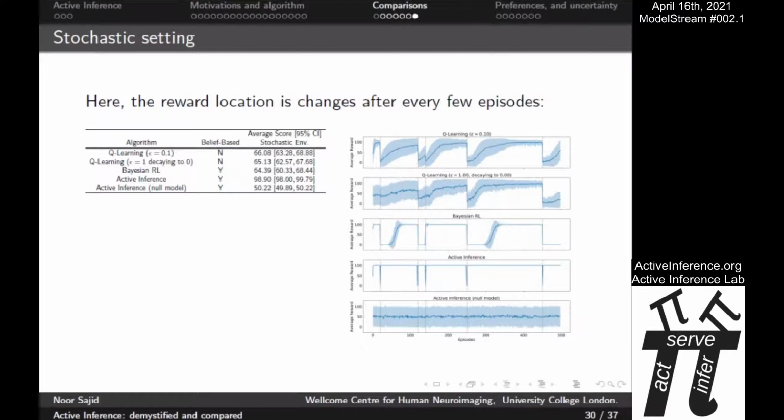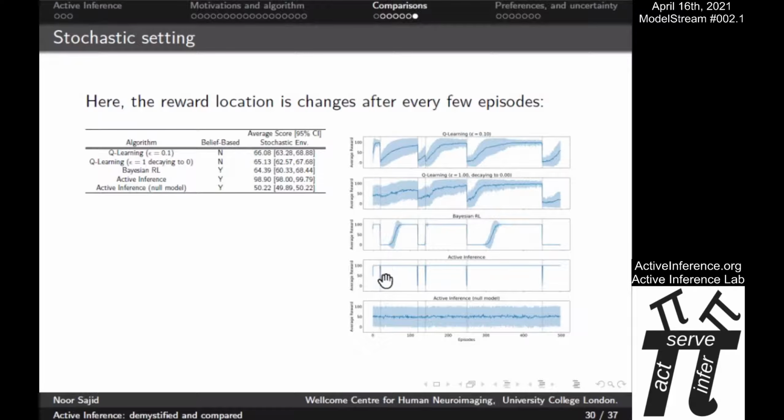But when you flip it around, such that the goal locations change, what you notice is that with the Bayesian RL agent, the amount of reward or the score it gets is quite low, and then we see a phase where it transitions and becomes the optimal policy again.